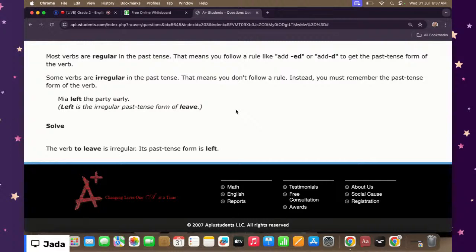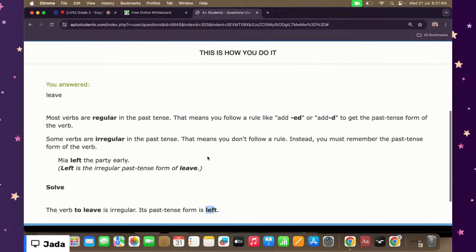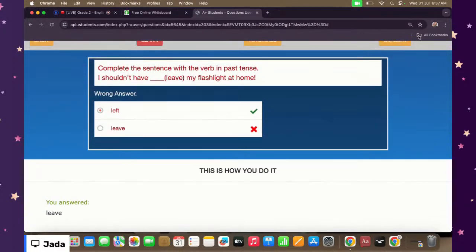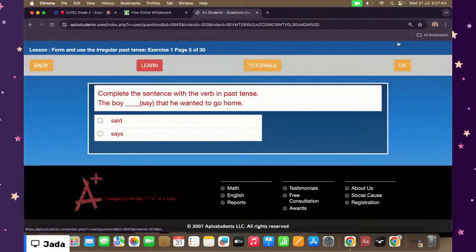You see the explanation and then you can know why your answer is wrong. All right. So you have to make sure that you take notes. You do not have to start all over again. Just continue. Okay? Get your correction and move on to the next. Read the tutorials again.